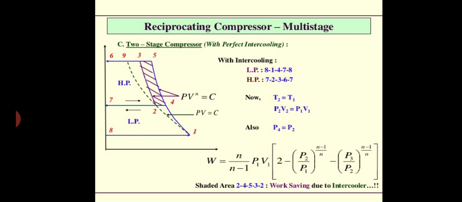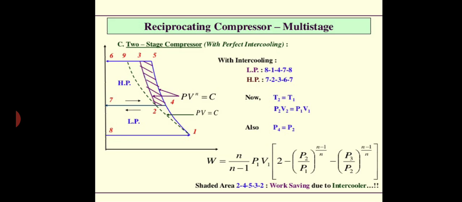Also P4 is equal to P2. From this we get the work done, that is n upon n minus 1 P1 V1 into bracket 2 minus (P2 upon P1) raised to (n minus 1) upon n minus (P3 upon P2) raised to (n minus 1) upon n.